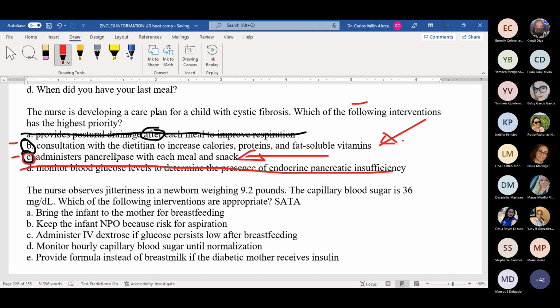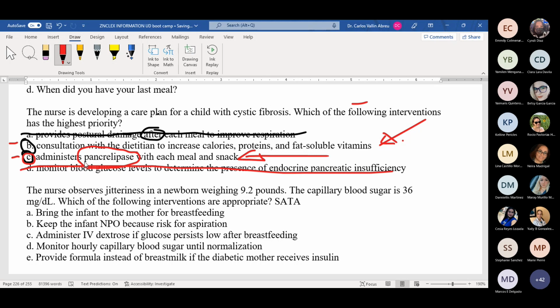So the most important is to provide the way of overcoming the maldigestion of the food, as a consequence of the exocrine pancreatic insufficiency.